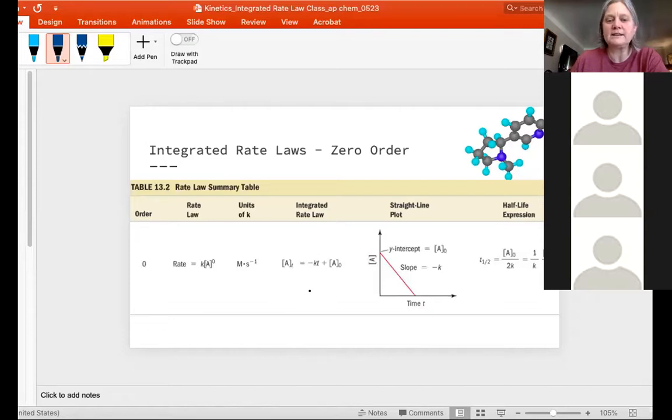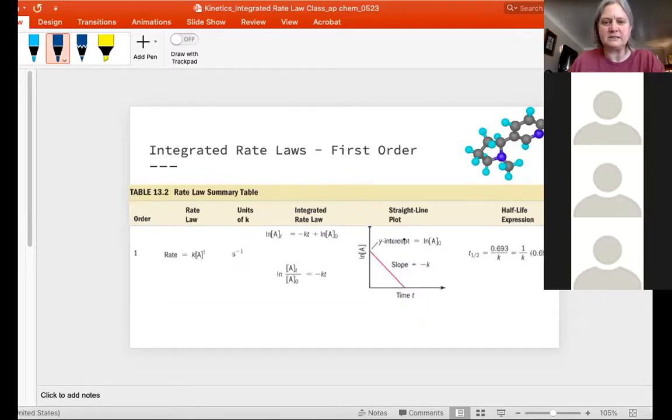If it's 0 order, and really pay attention to this, graphing concentration of A versus time will give you a straight line. But graphing it this way will only give you a straight line for 0 order. Let's worry about the half-life expression later.